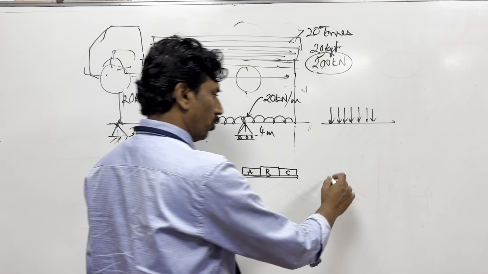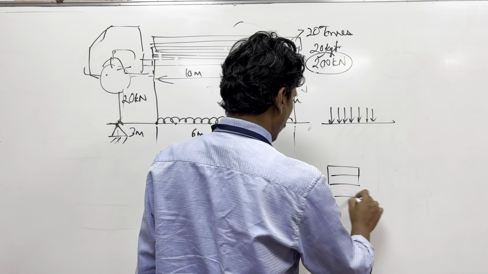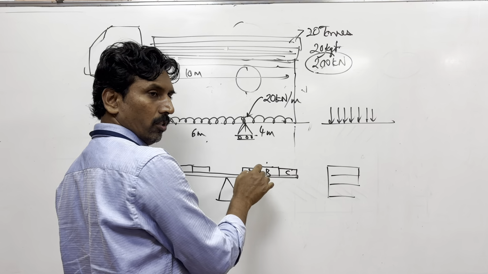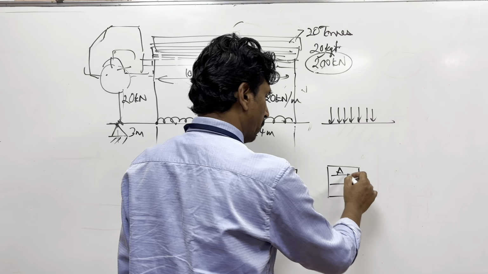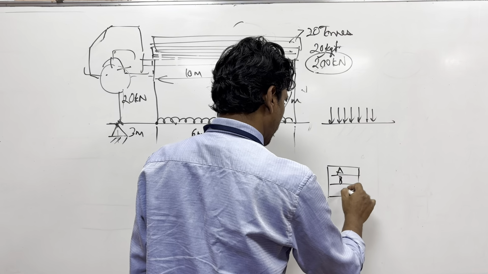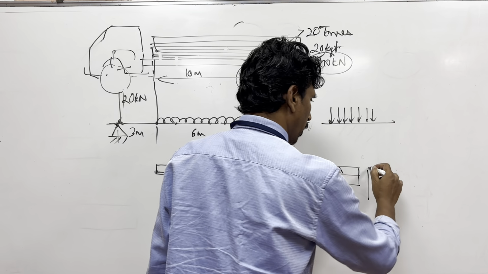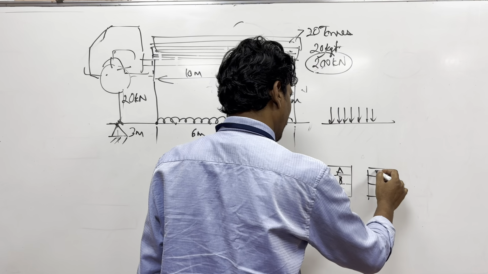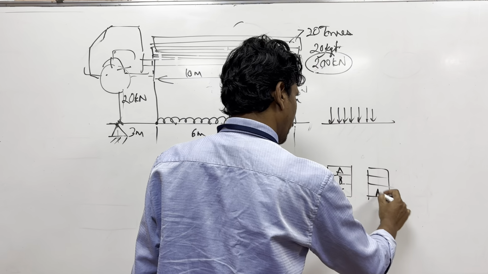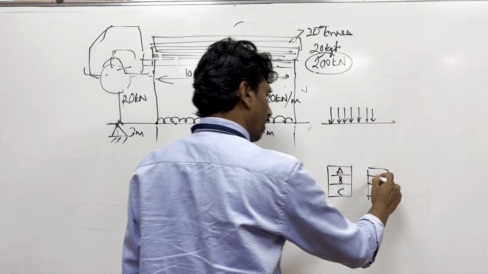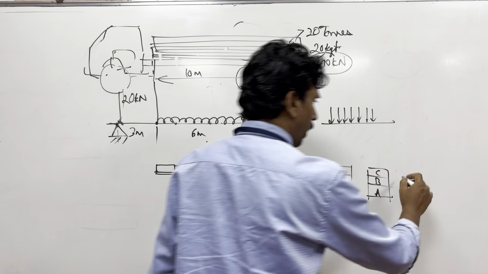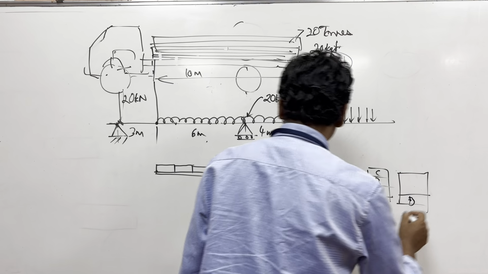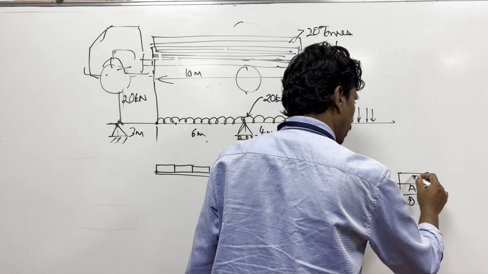Will you actually put these A, B, C like this? Will you put A and B over C, or C and B over A, or will you keep A wherever it is and put B and C over A, otherwise you keep B at the same place, bring A over and C over?